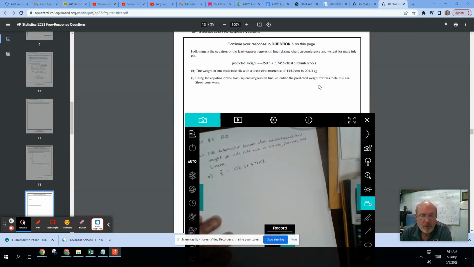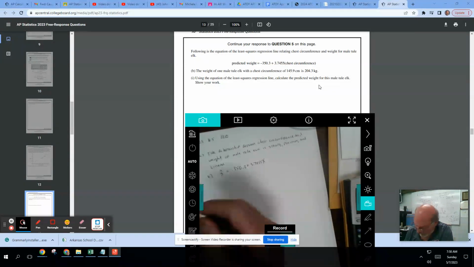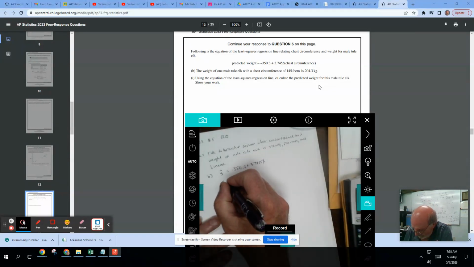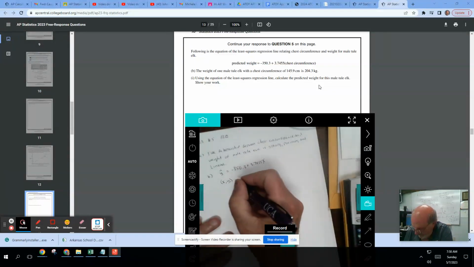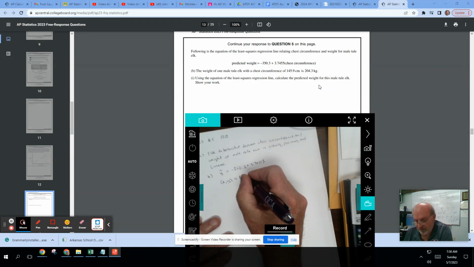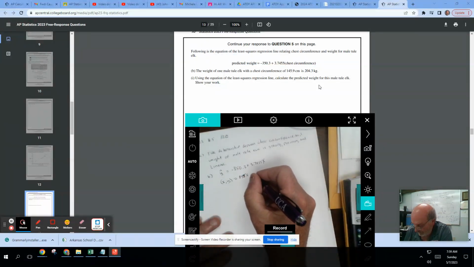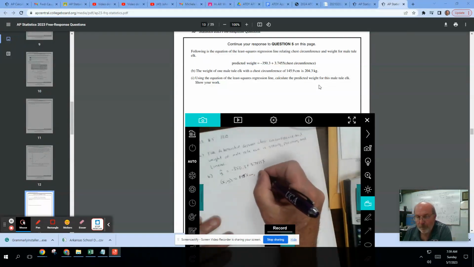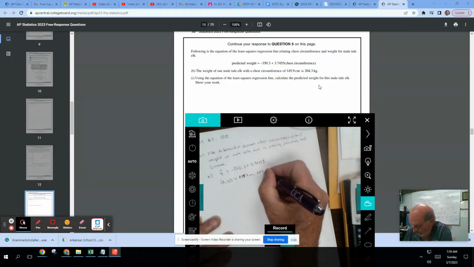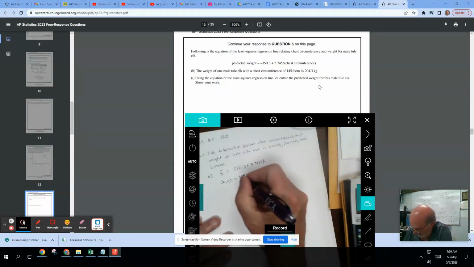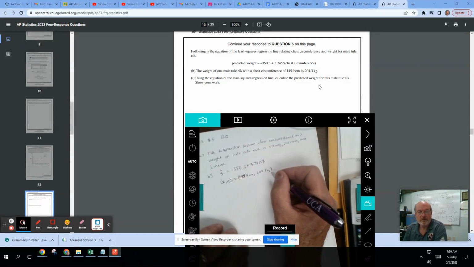The weight of one male tule elk with a chest circumference of 145.9 centimeters is 204.3 kilograms. That's our actual weight.